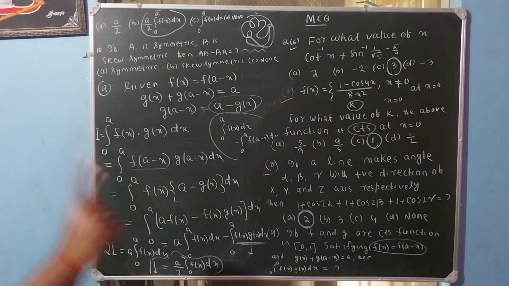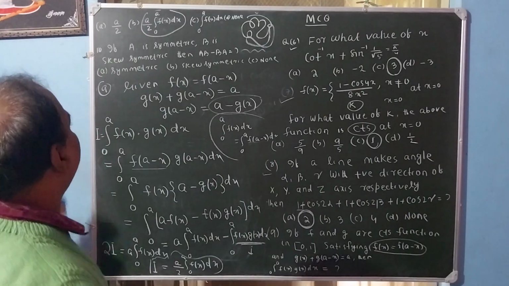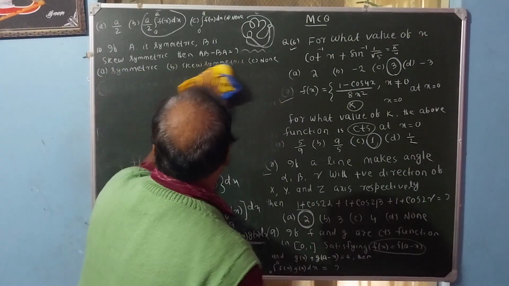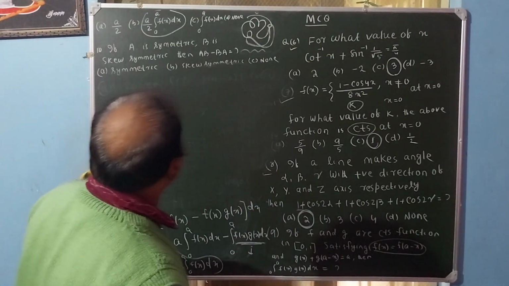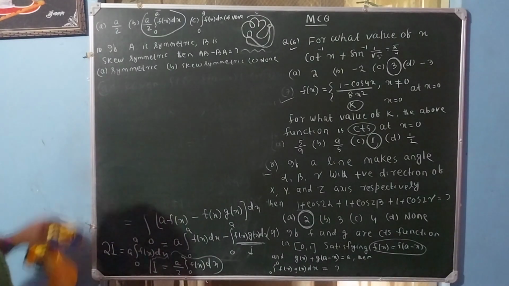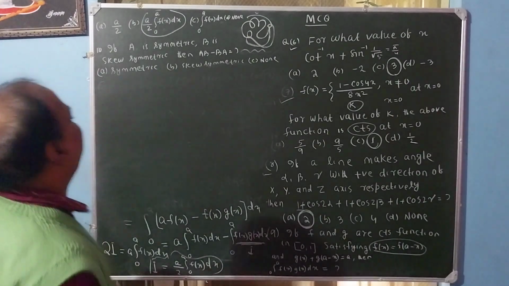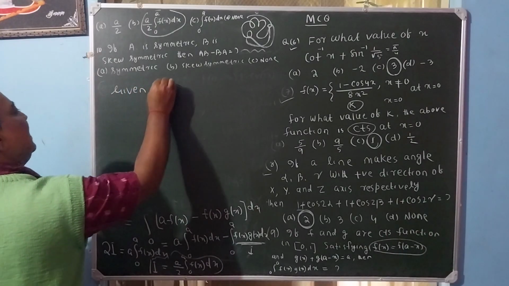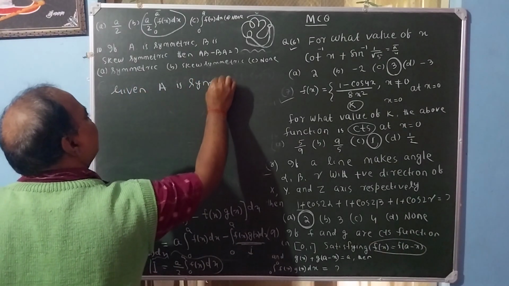Now let us discuss the last question of today's class, which is related to matrices. A is symmetric, B is skew symmetric. Then what about AB minus BA? Given, write down: A is a symmetric matrix.